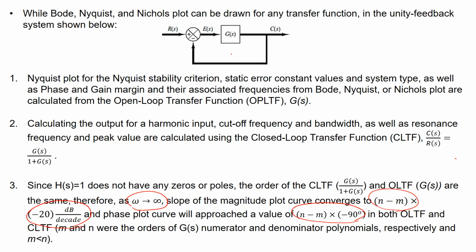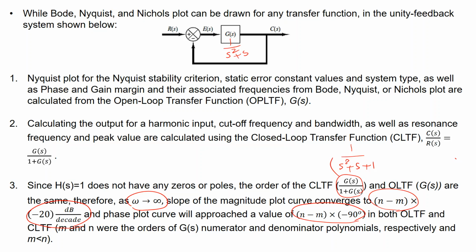For example, if this guy is a second order, something like 1 over s squared plus s, then if I plug that into this formula and find the closed loop transfer function, this is also going to be a second order. This is going to be 1 over s squared plus s plus 1. So it's not the same as that, but the order is the same. And m and n, the difference between numerator and denominator is the same. Nothing is going to change.